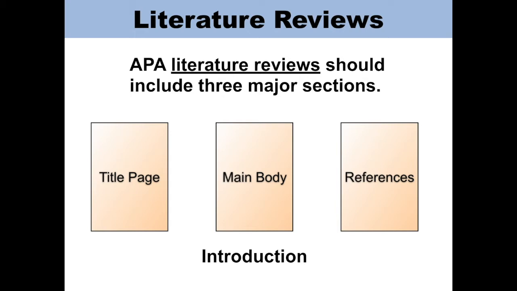However, a literature review is also a common type of paper that you will see in an undergraduate course. So the literature review contains a title page, the main body of the paper, which again is just an introduction to the topic. You are summarizing all of the relevant literature on a particular topic. And then the references.